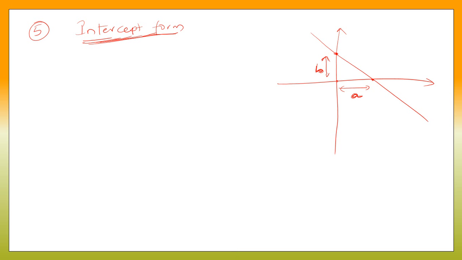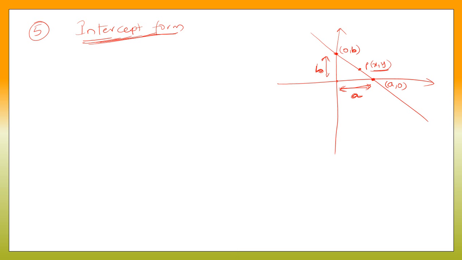If this is the x intercept, then this point is represented as a comma 0, and this point is represented as 0 comma b, right? Based on these lengths of intercepts, we have these points. When you know two points, and suppose this is the locus point P x comma y, then using this condition we can directly go with the equation.